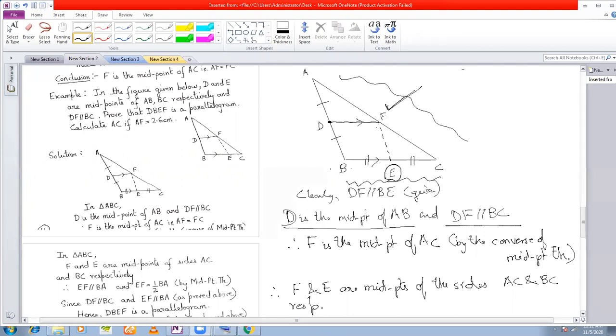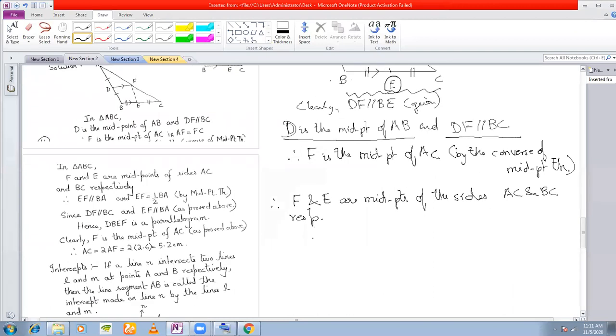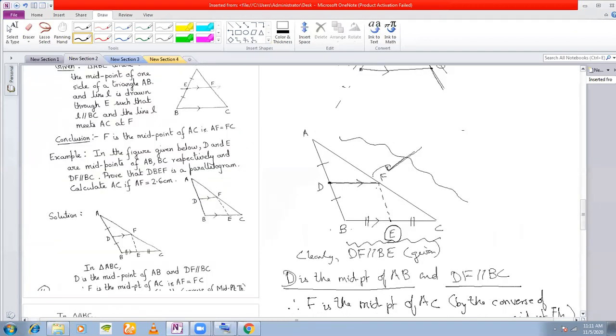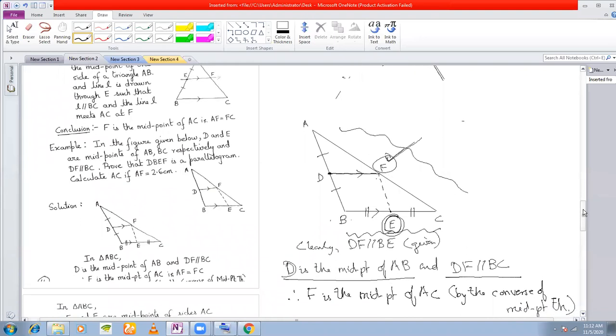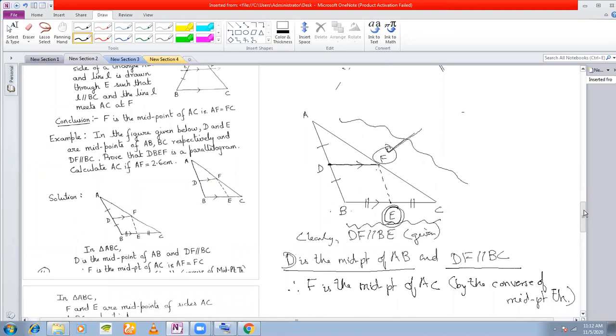Sonam, can you tell me which conditions of which theorem are satisfied? Sir, midpoint theorem. Right. So from the midpoint theorem, if F and E are midpoints of these two sides, what can I conclude? Tell me, Sonam. FE is parallel to AB and it is half of AB.